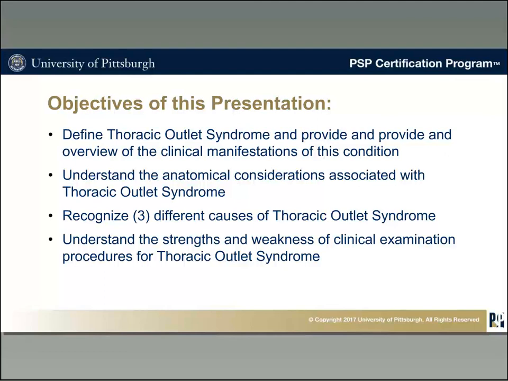And again, those subtypes include both vascular, which can be either arterial or venous, and then neurogenic, which can then be subcategorized into either true neurogenic TOS, which can be confirmed by diagnostic testing, or disputed neurogenic TOS, which will have clinically relevant signs, but the diagnostic testing results oftentimes come back negative.